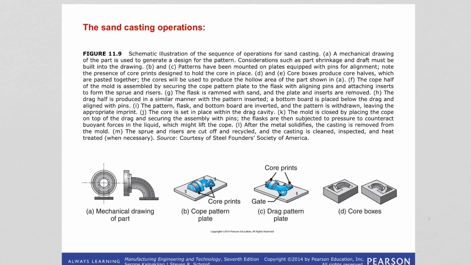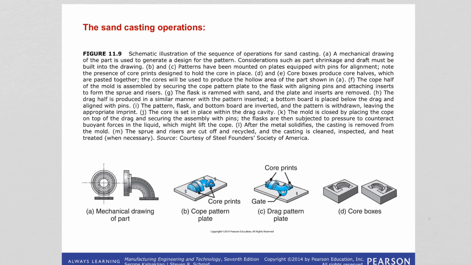So to make the cope and drag, the two sides of the mold, remember, we need their patterns. So those patterns are prepared at B and C, we are seeing, with the presence of the gate, of course, and the core prints. Core prints, remember, hold the pattern in place.